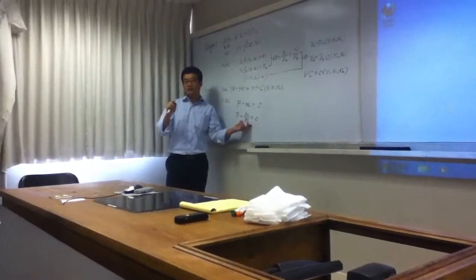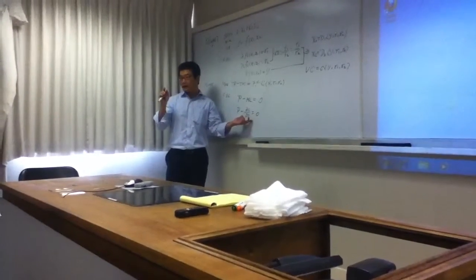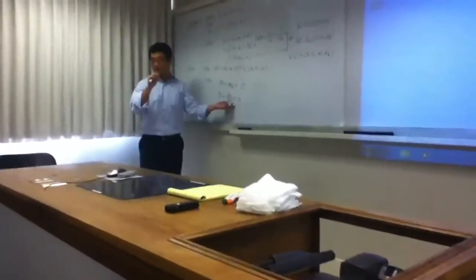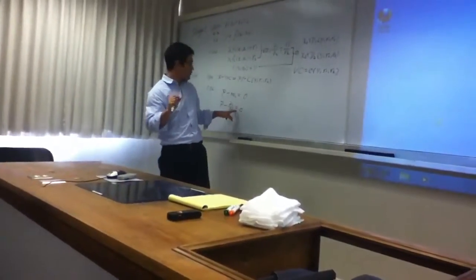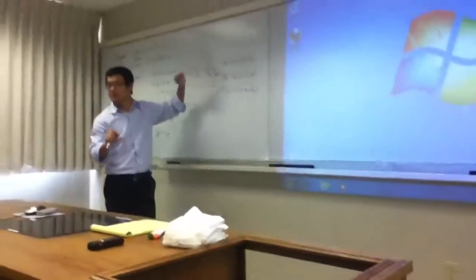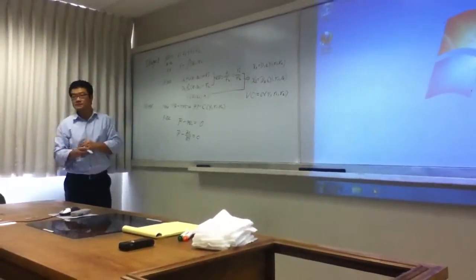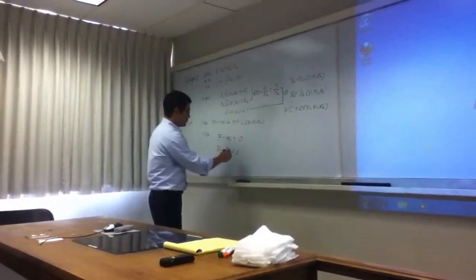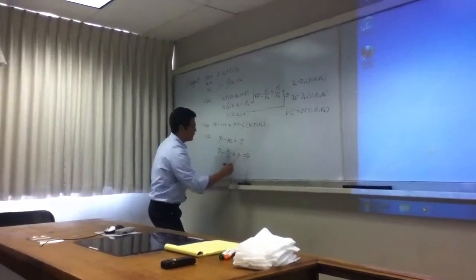So we can solve that equation to get y, the output level. Once y is determined, we can substitute this y back here to get the optimal inputs. So this first gives you the y function.